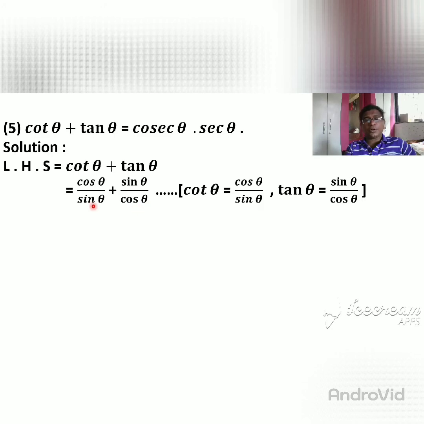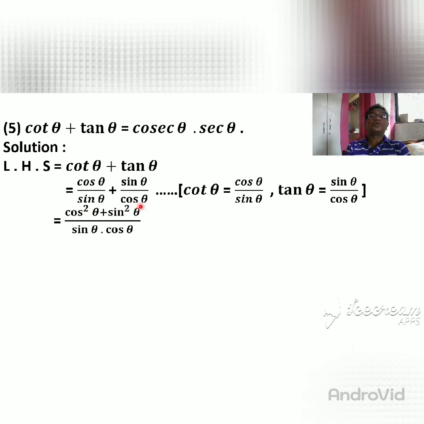So here we can find the LCM. Sin theta into cos theta is the LCM. Here is sin theta, so which term is not here? Cos. So cos theta multiplies, and cos theta into cos theta gives cos square theta. What is the denominator here?